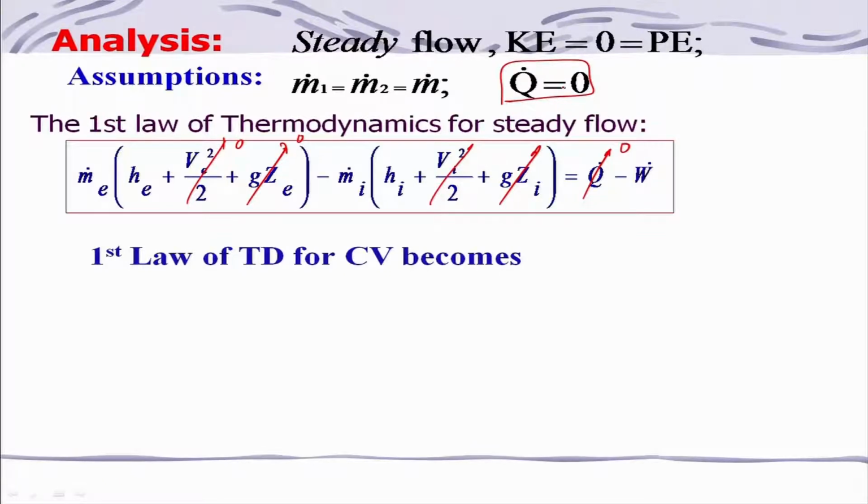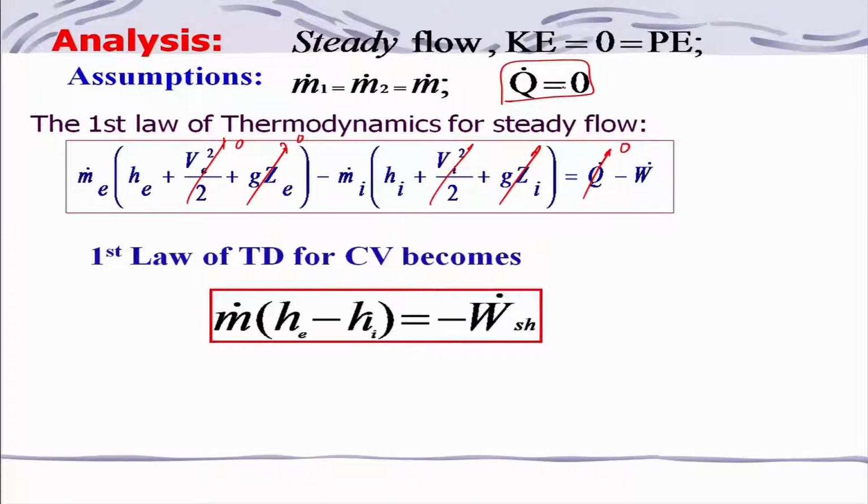Then we can write the expression as W equals m dot times (h1 minus h2), because m dot 1 is equal to m dot 2 is equal to m dot. Keep in mind that I am using 1 and 2 corresponding to inlet and exit. So, therefore, it comes out as work. This is the equation for either a compressor or a turbine.